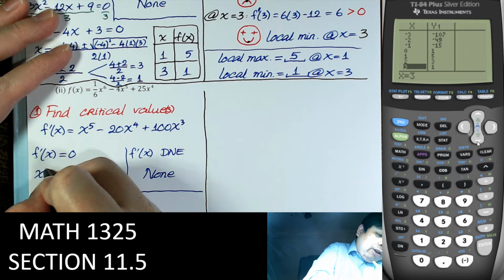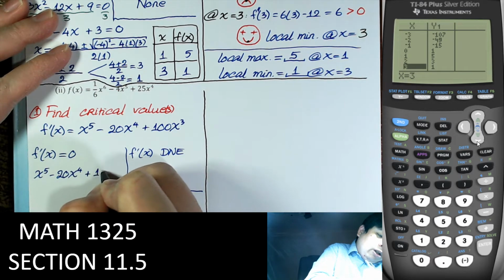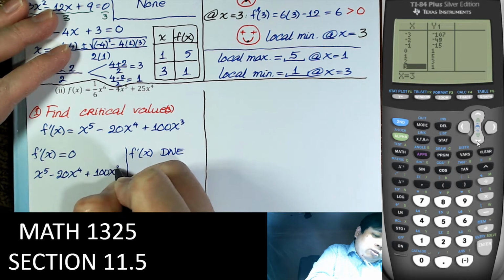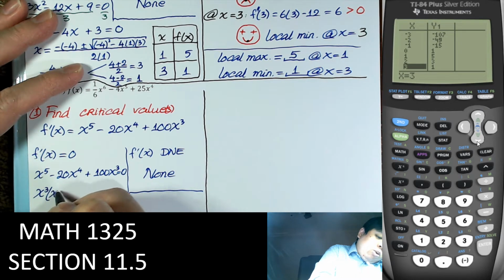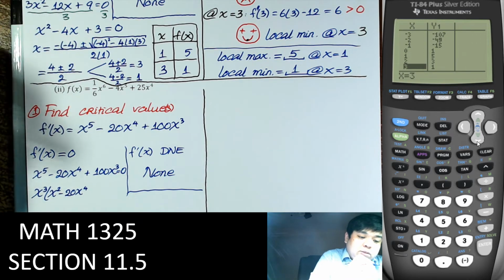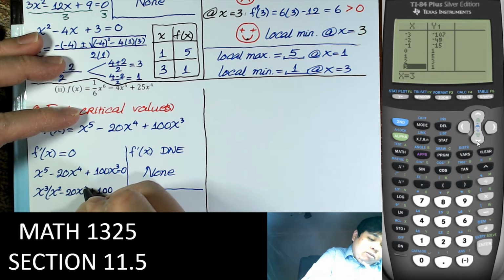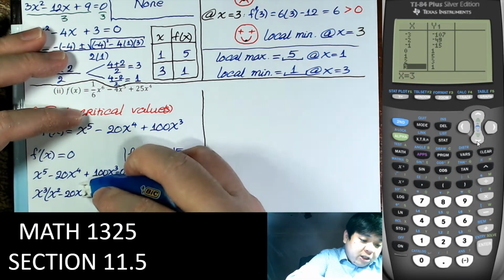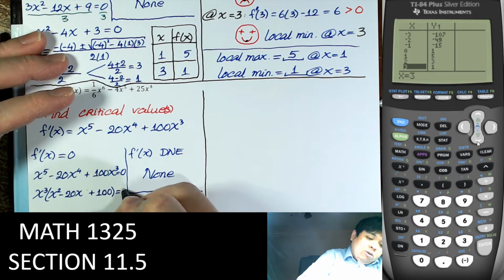Alright, x to the 5th minus 20x to the 4th plus 100x cubed equal to 0. We can factor out x cubed, and then we have x squared minus 20x plus 100 equal to 0.